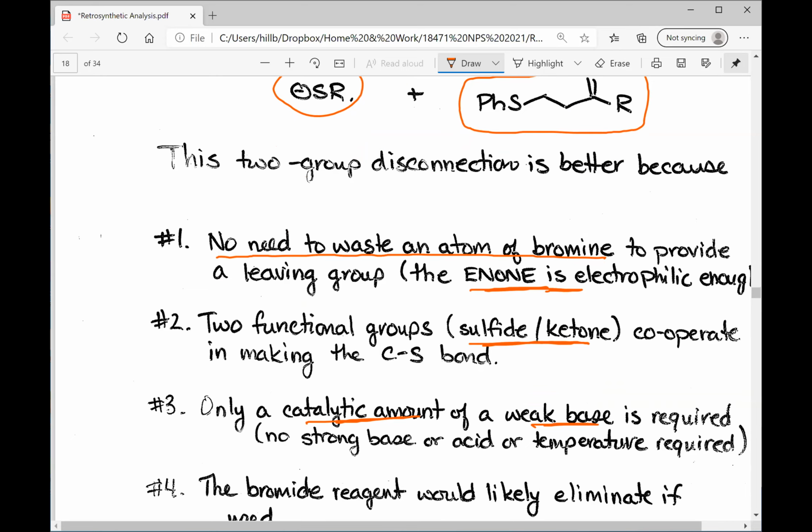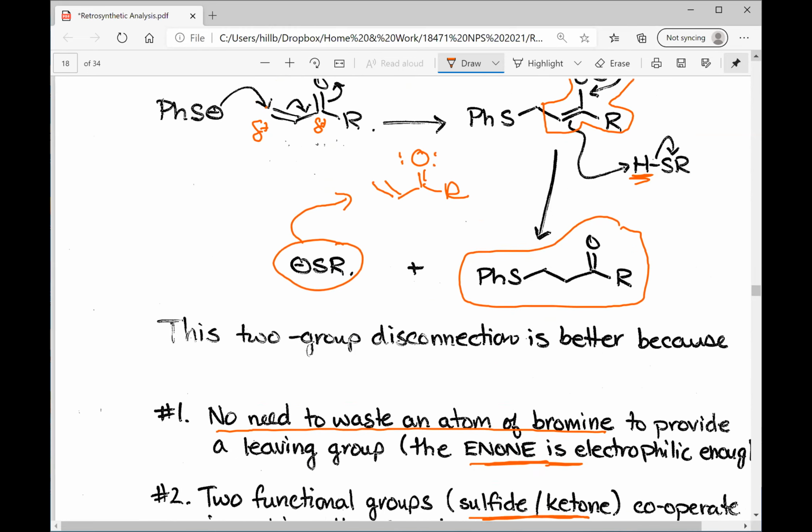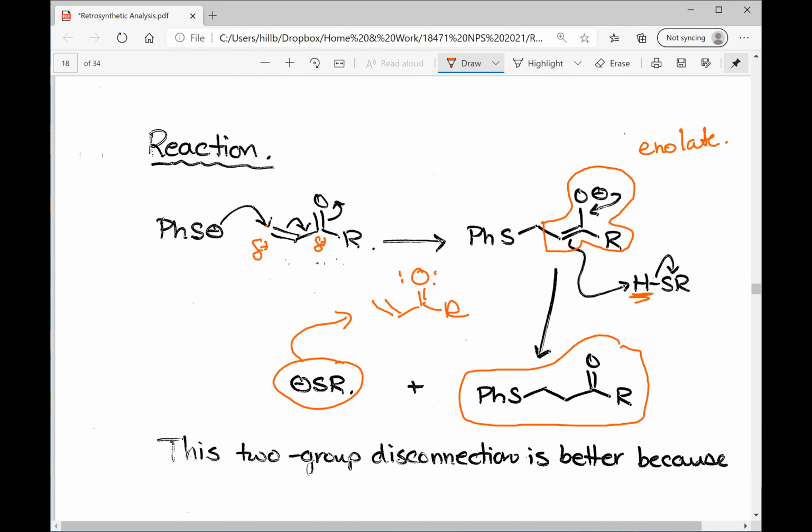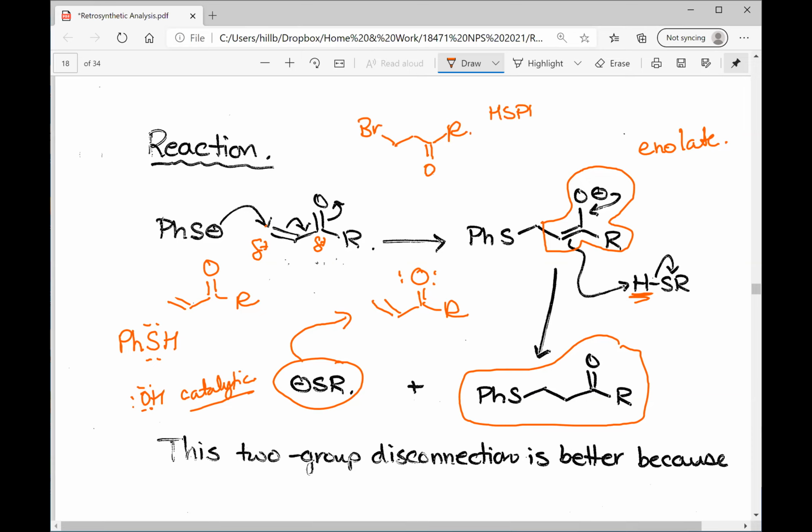So we'll talk about the side reaction in a second, but we're thinking about this reaction in the sense of, okay, you've got your enone, you've got your thiol, and you've got a small amount of base. Versus if you've got your bromide, you've got your thiol, and then you've got your base.